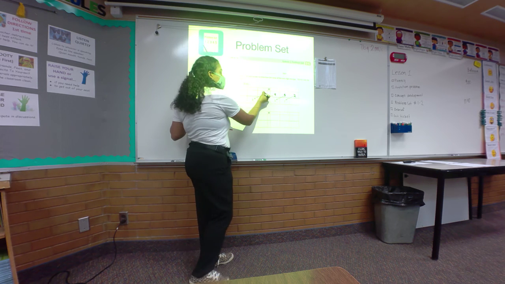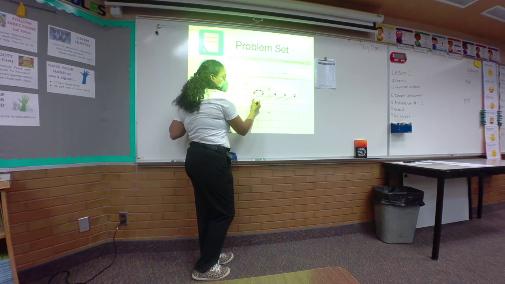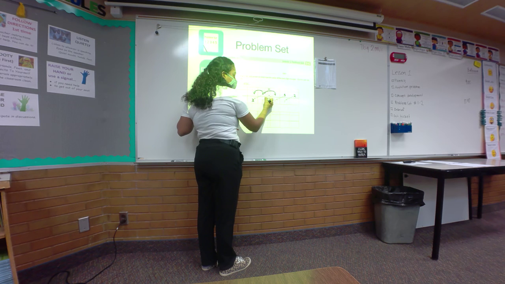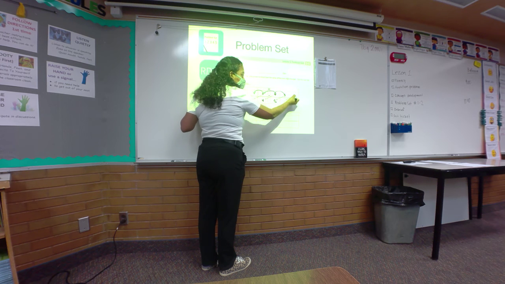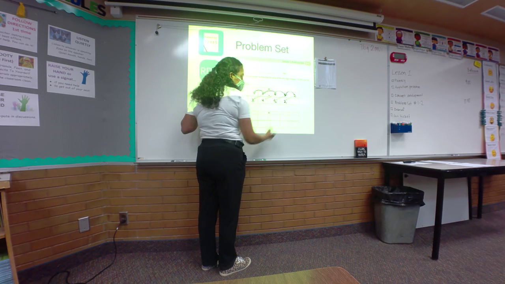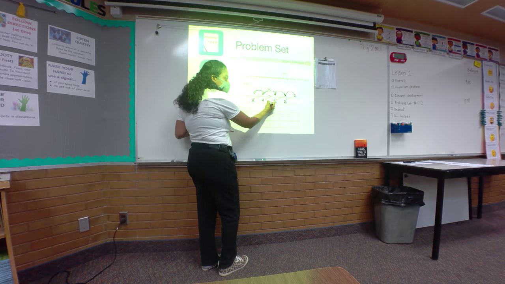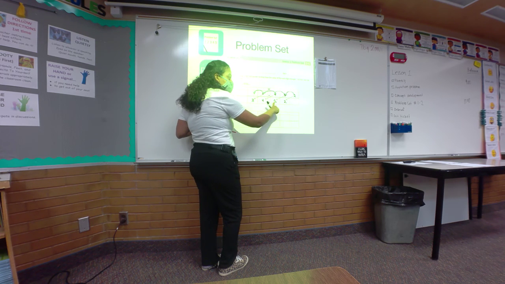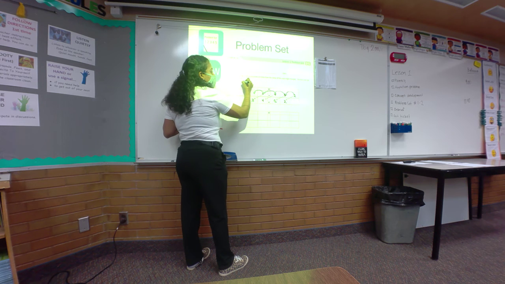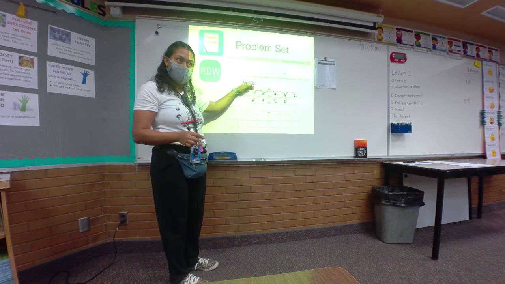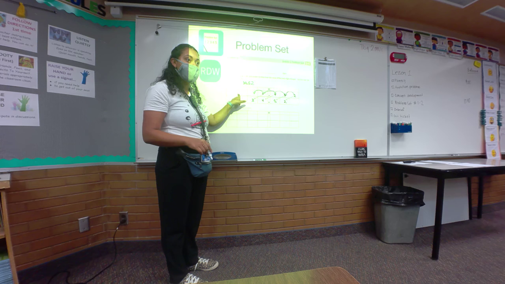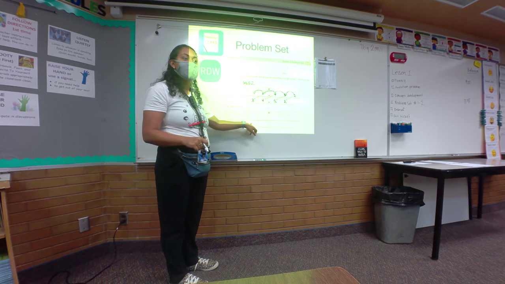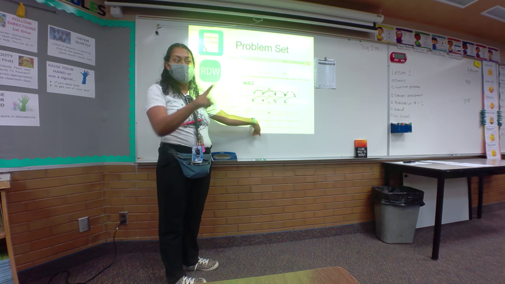So each digit will shift 1 time, 1 time, 1 time, and 1 time. Okay, so now we have 34 and 52 hundredths. So then you would put the whole answer back up here, okay? This is problem number 1A.